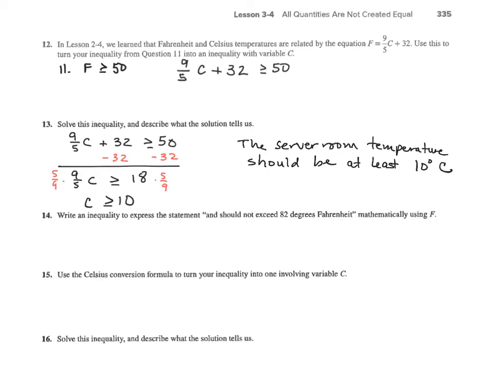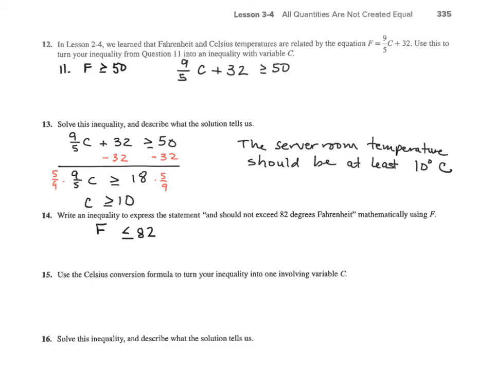Okay? All right, number 14 says, write an inequality to express the statement and should not exceed 82 degrees Fahrenheit. Well, it sounds like to me that it can be 82, but it can't be more than that. In fact, it has to be less than that.